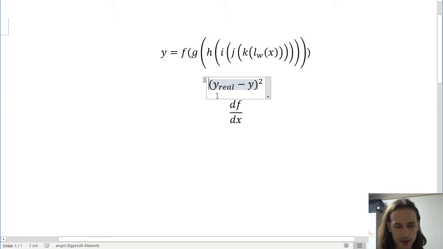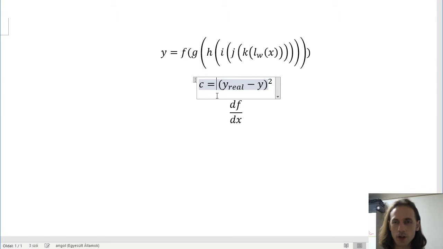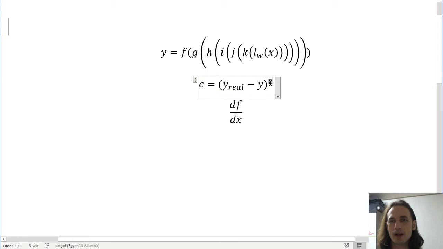Let's say this is our cost function. Not all of the time is this what is used; this is an example. You take the square of the difference between what you calculated and what the real y value is, and that's going to be some kind of cost, c.